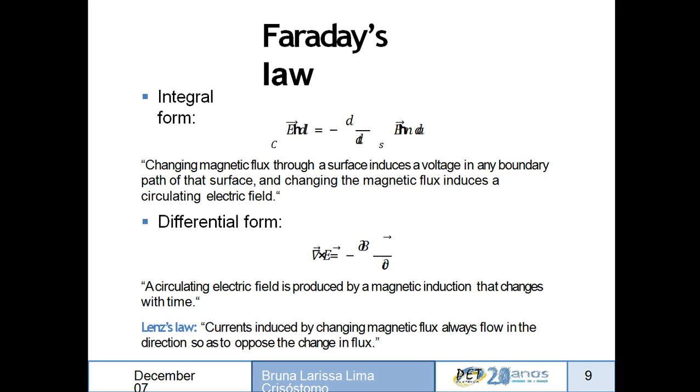Now using the time varying field, del cross E, the curl of the electric field, will be equal to minus del B by del t. It means the curl of the electric field strength will be equal to the rate of change of magnetic flux of that particular area.